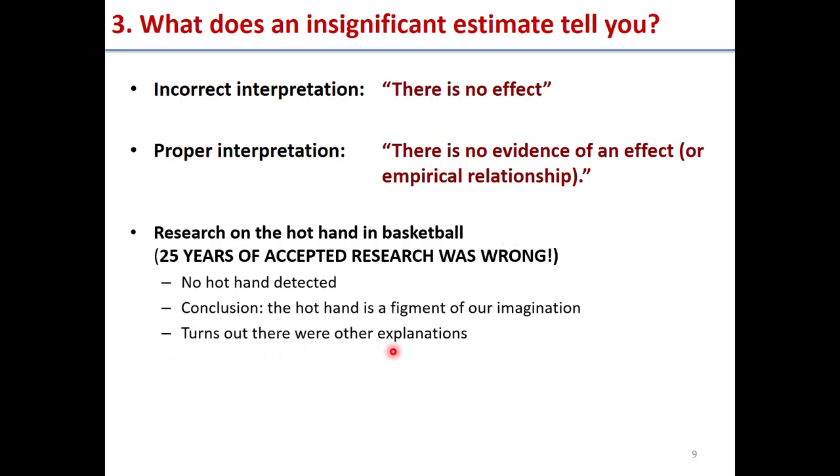It turns out that there are other explanations for their insignificant coefficient estimate and their inability to detect the hot hand. And so if you recall from the last slide, there were 4 explanations for an insignificant estimate. So the first one was there is no association, and that's what these people concluded without considering the other 3 possibilities. And it turns out that the ones at play were numbers 2 and 3. Okay, so number 2 said there is an association, but there is some bias affecting the estimates that's making you unable to detect the effect.